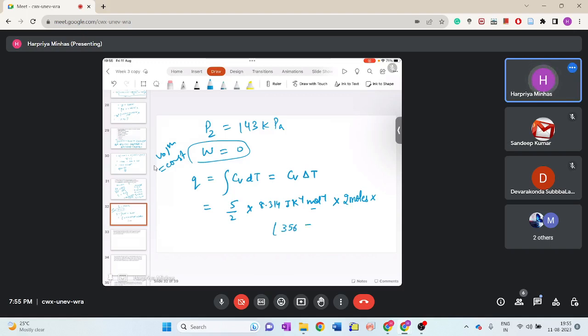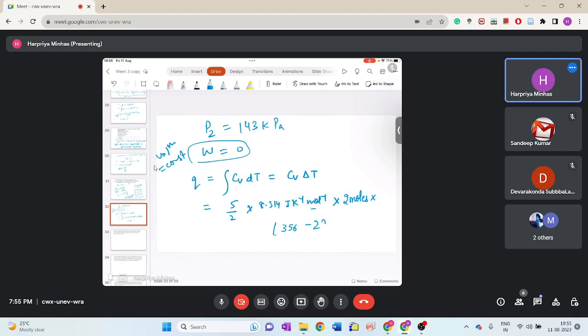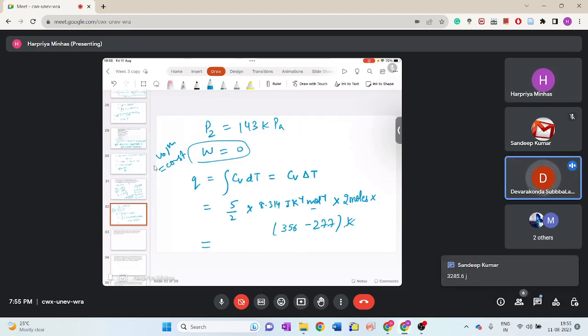And T1 is 277 Kelvin, right? So what will be the value of Q? It is 3.284 kilojoules, madam.